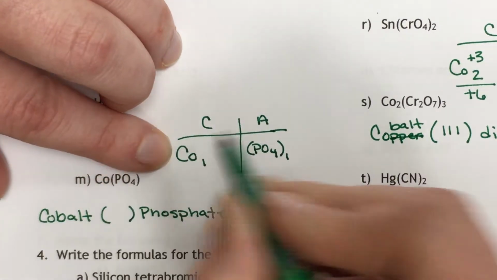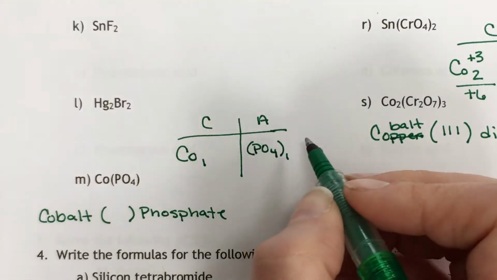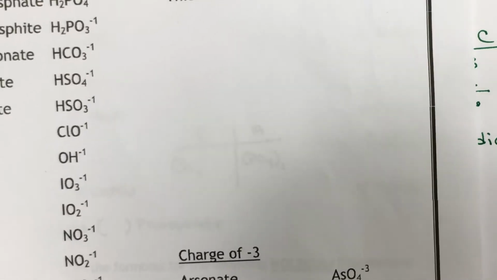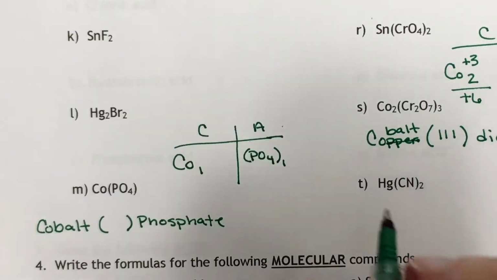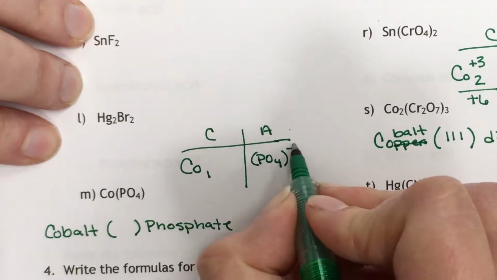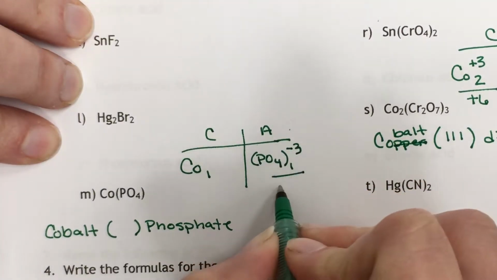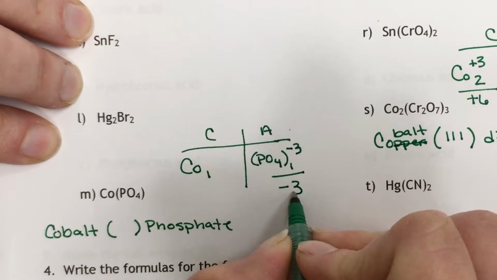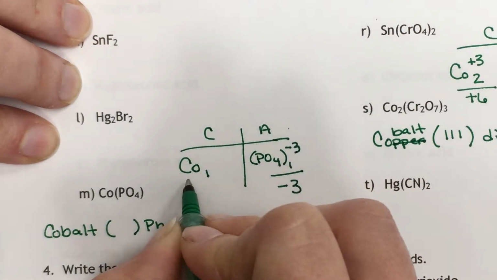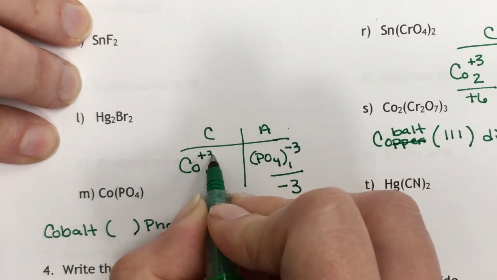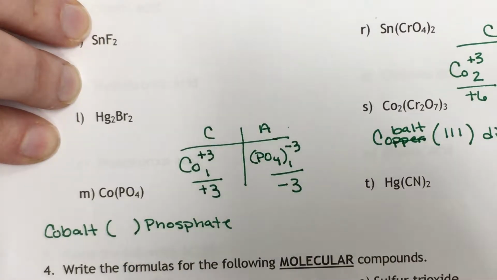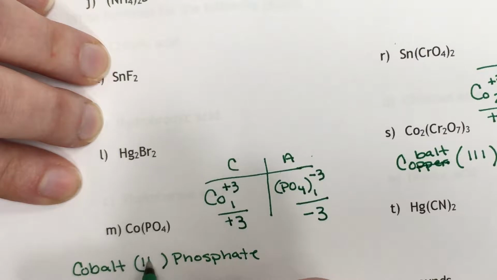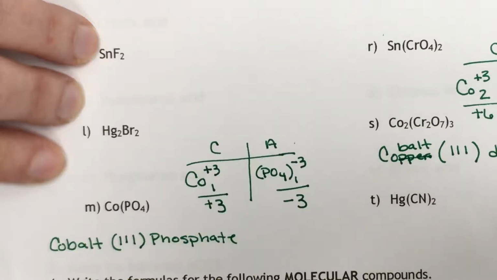Phosphate has a -3 charge, so you know that this charge is -3 one time. That means the overall anion side charge is -3. So cobalt, since we only have one, if we have a +3 charge, then the overall cation side is +3, so we're good. So that means the cobalt will actually be using a +3 charge again.